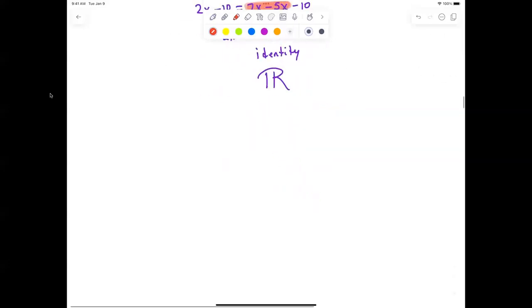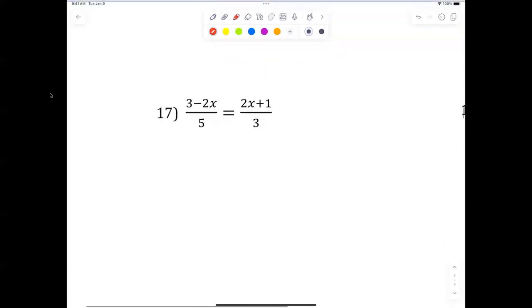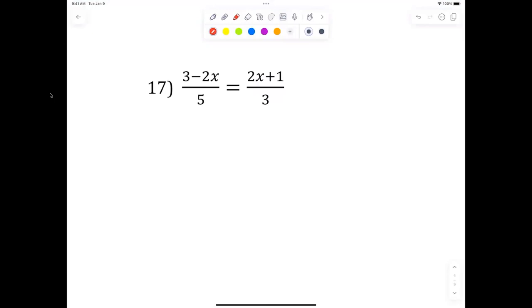All right, here we go. Another proportion. Cross multiply. 3 times 3 minus 2x equals 5 times 2x plus 1.